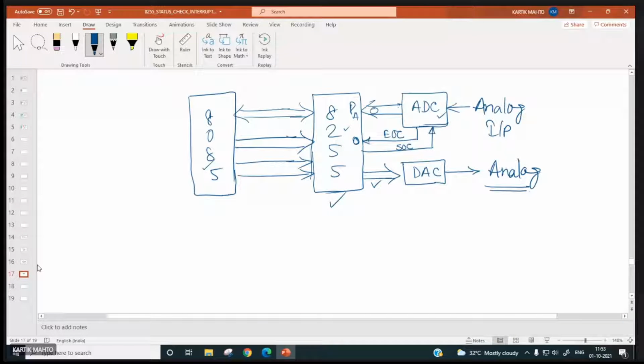That is the reason we took these two examples of interfacing with 8255, where your DAC always works in simple input output, and this ADC can work in simple input output mode or in handshake mode.